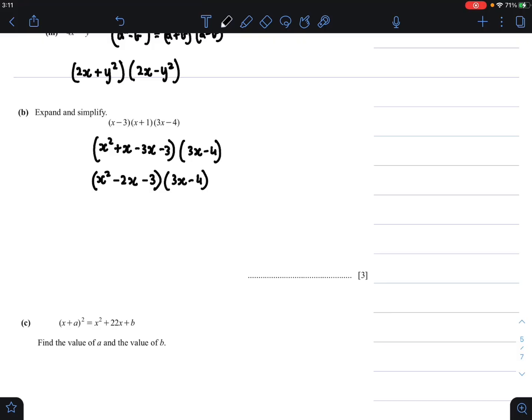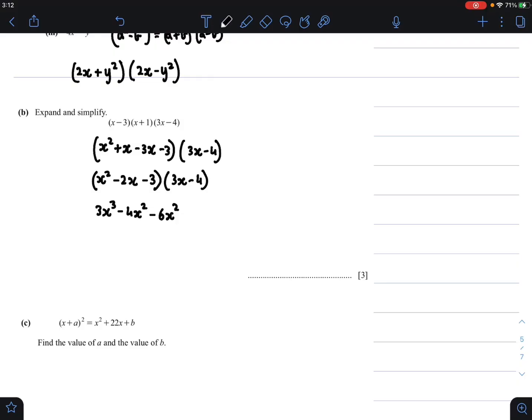Now you use the same logic, you multiply each term with each other term in both the brackets. So x square multiplied by 3x is equal to 3x cube. x square multiplied by negative 4 is negative 4x square. Negative 2x multiplied by 3x is negative 6x square.